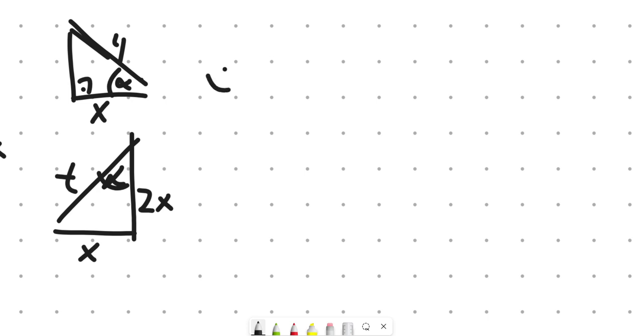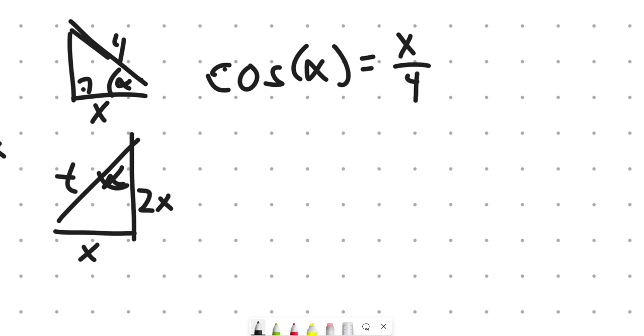So we can write down cosine of alpha is equal to x divided by 4. Now over here, we have this alpha, and this is the 90 degrees angle, so the hypotenuse is going to be t. And since we have cosine of alpha, we also want the similar one.